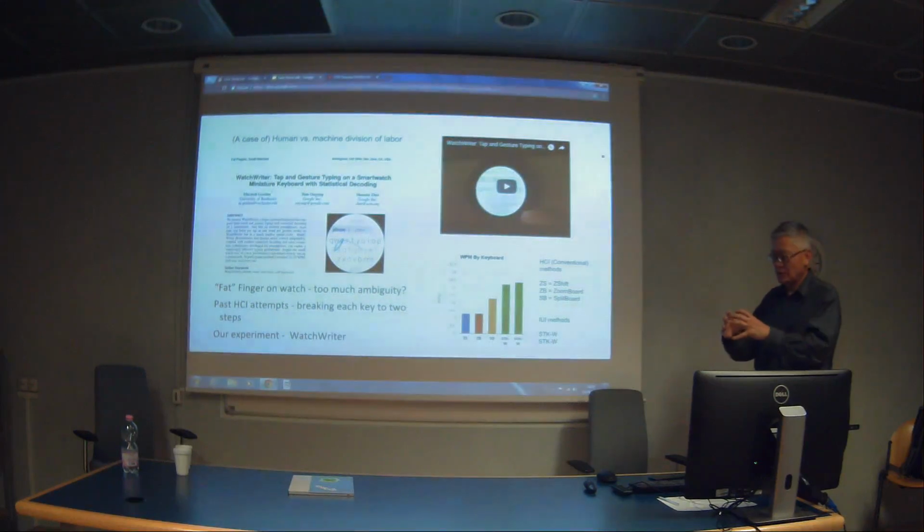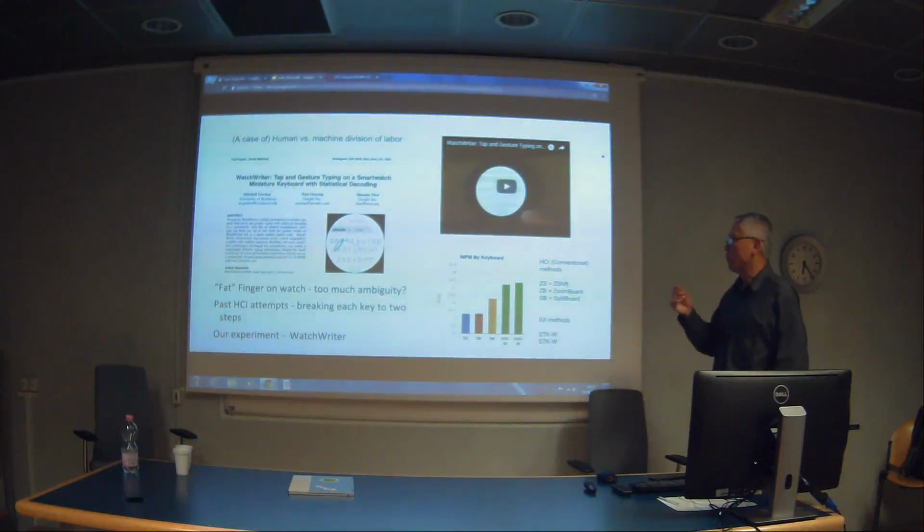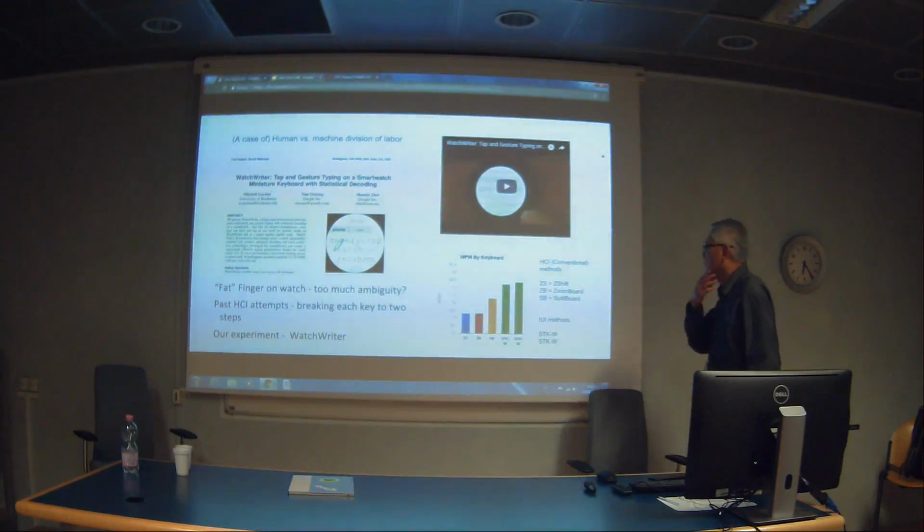On a watch, the finger covers about three or even more letters. So the question is whether the same decoding technology would still apply and work on a watch form factor. And we did this experiment.